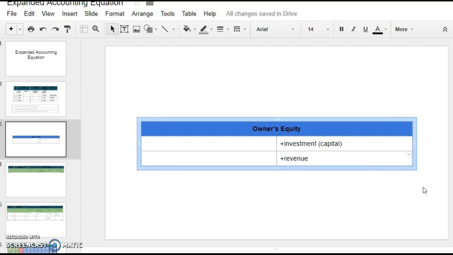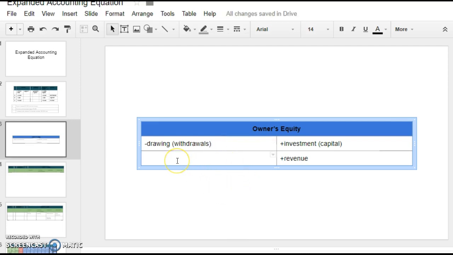Now there are a couple of ways that owner's equity is decreased. One is the owner takes money out for personal use. We're going to call that the drawing account, and some of you can put withdrawals. I'll use them interchangeably, the drawing or withdrawals account.